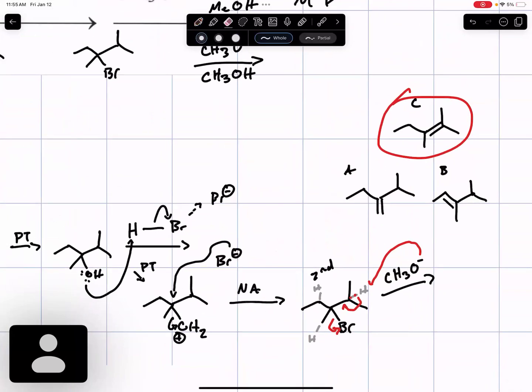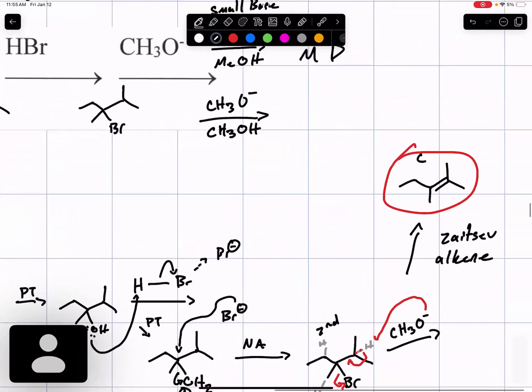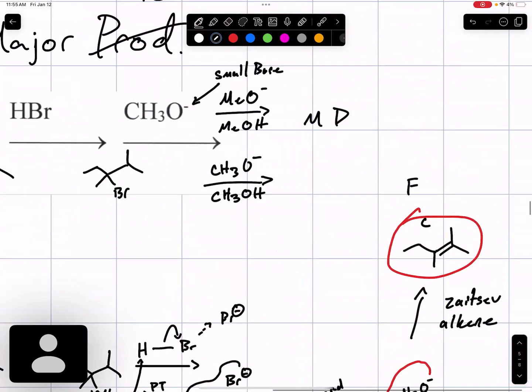So I'm going to erase A and B for now and show you that you make the most substituted Zaitsev alkene. Okay, and that's your final product, or your major final product.